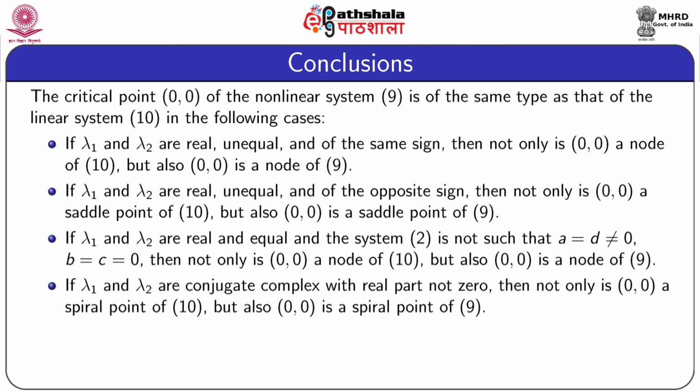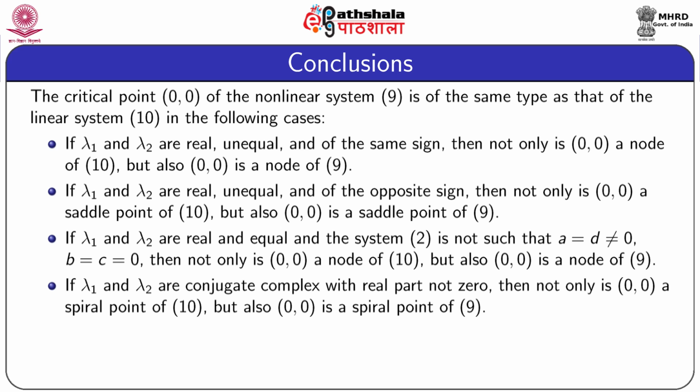So, the conclusion is, the critical point (0,0) of the nonlinear system 9 is of the same type as that of the linear system 10 in the following cases, which means that whatever behavior the linear system shows is also true for the nonlinear system in these cases.